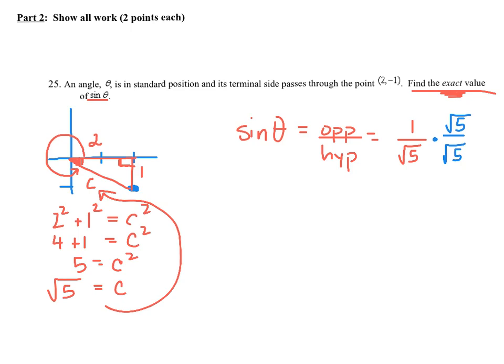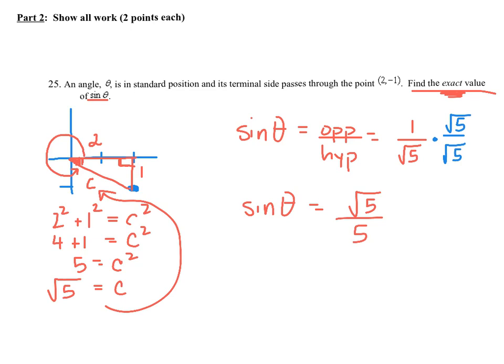All right, so I'm just going to write this down here because I can't fit it. So sine theta equals radical 5 over, and now just remember, radical 5 times radical 5 is just 5. Or you can think of it as radical 5 times radical 5 is radical 25, but the square root of 25 is still 5.